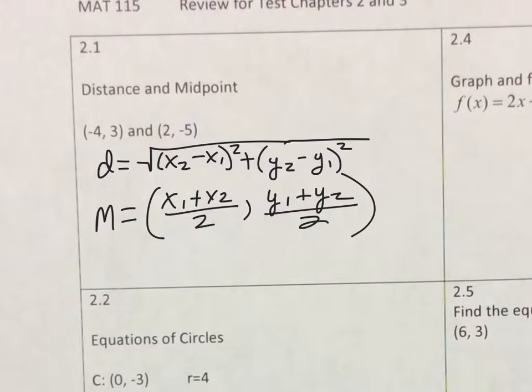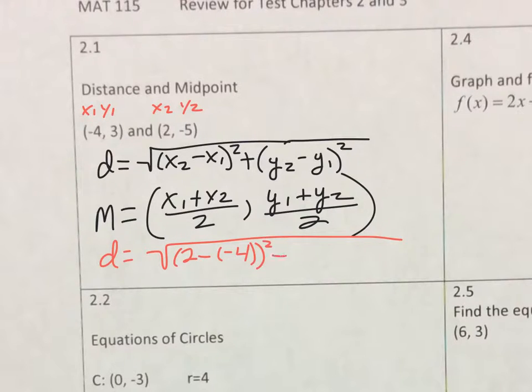So if we applied the distance formula on this problem, I usually just label the points in order, x1, y1, and x2, y2. Then we would have 2 minus negative 4 squared plus negative 5 minus 3 squared. 2 minus negative 4 is the same thing as 2 plus positive 4, that's 6.